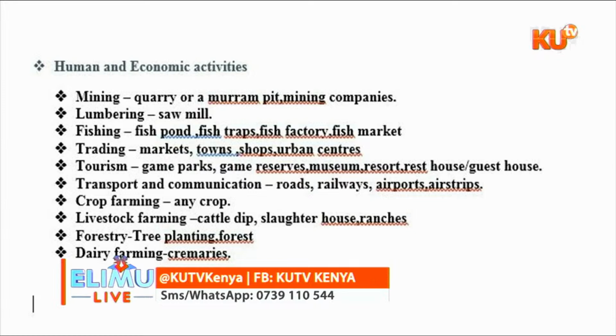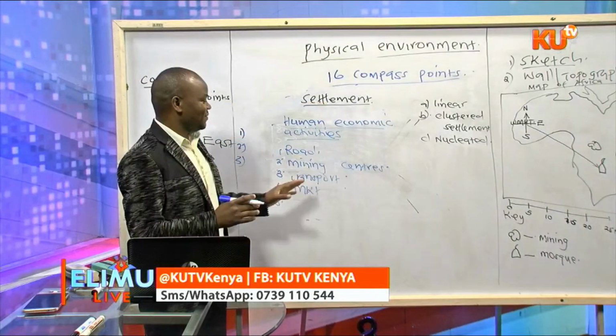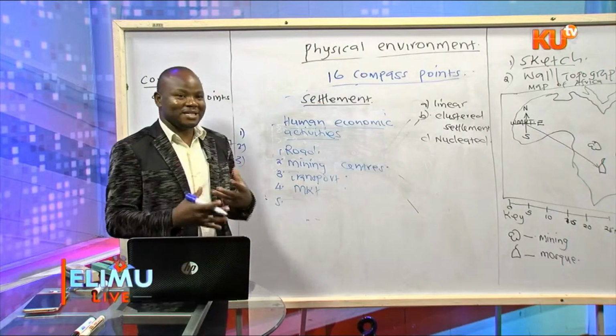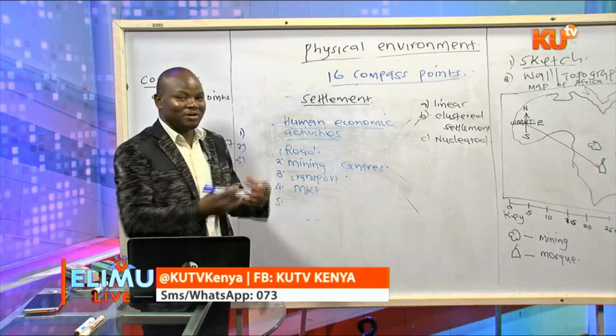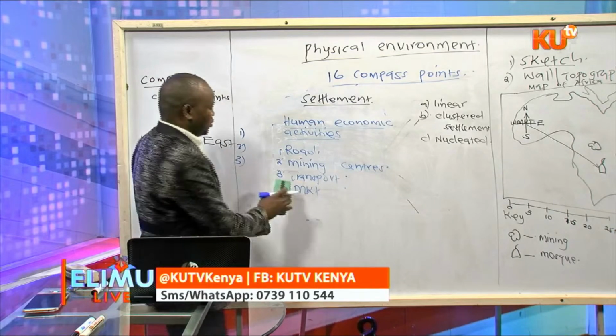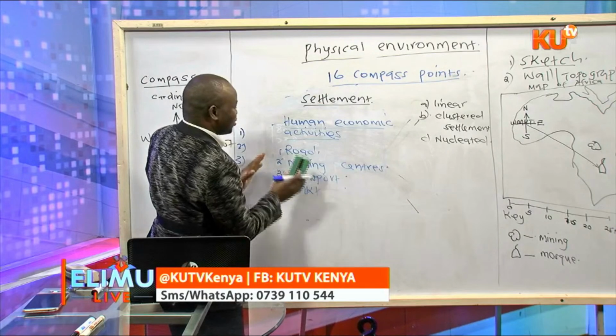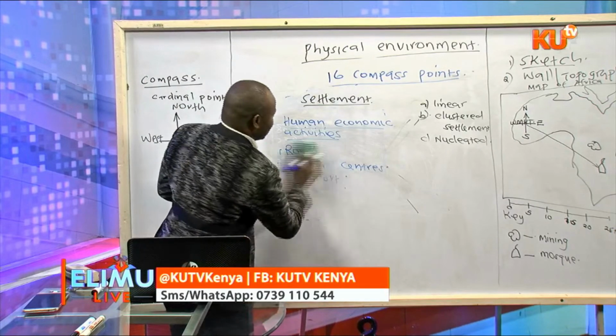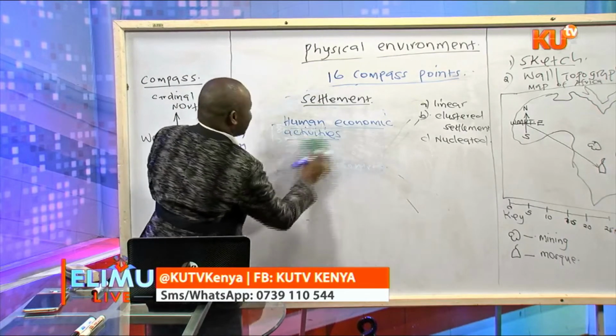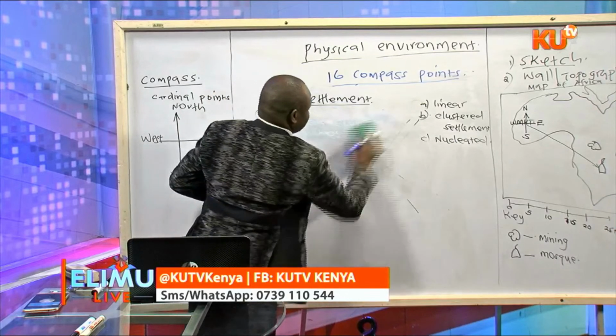You are going to identify that all those are some of the human economic activities which encourage people to settle around a given place. So now I have to explain how relevant they are to the people.